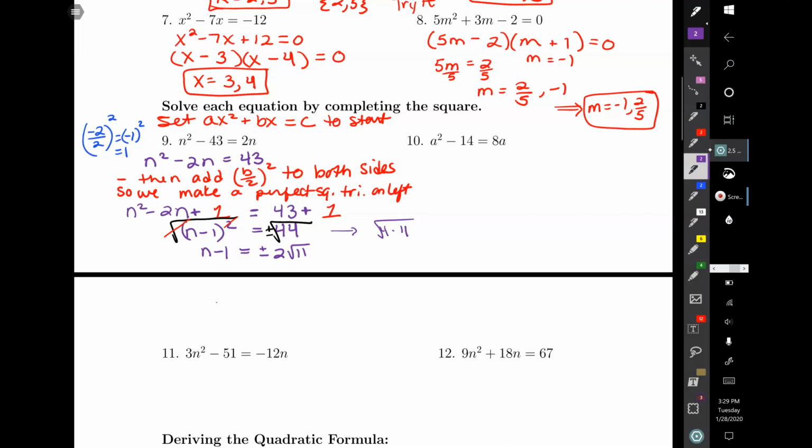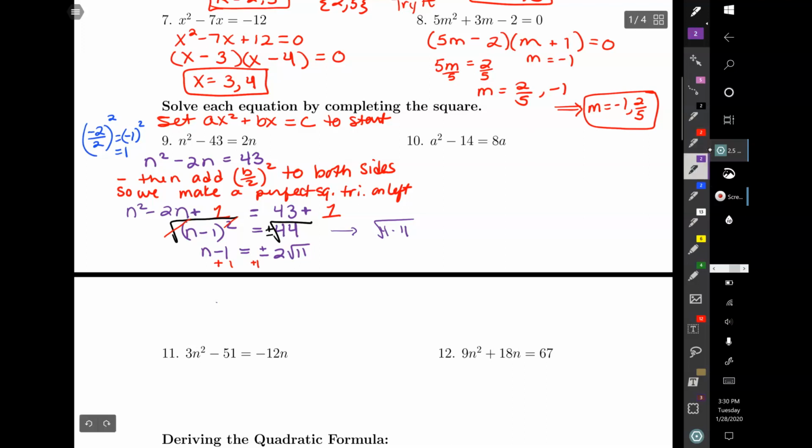Our last step is that we have to add this 1 to both sides. And make sure you don't add it to the radical. We want to just add it, actually we want to put it right in here before the plus or minus.